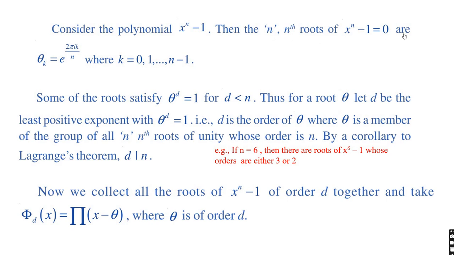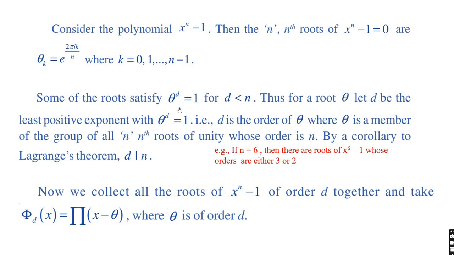Then the nth roots of 1 are given by e power 2 pi i k by n, which we denote as theta suffix k, where k ranges from 0 to n minus 1. So this comes from your trigonometry, solving nth degree equation. So all the roots we have mentioned, some of them will be real. Real means you will have 1 and minus 1, the rest will definitely be complex numbers.